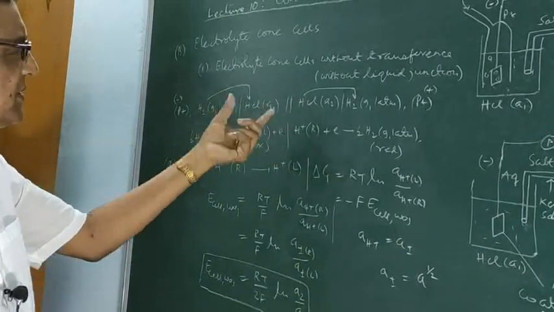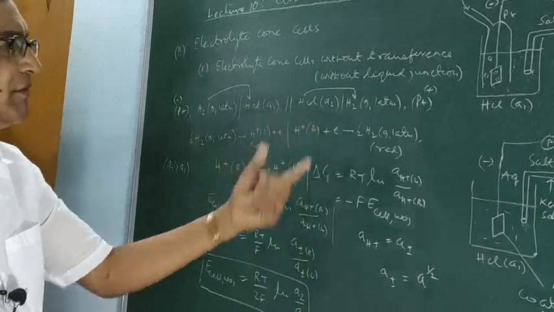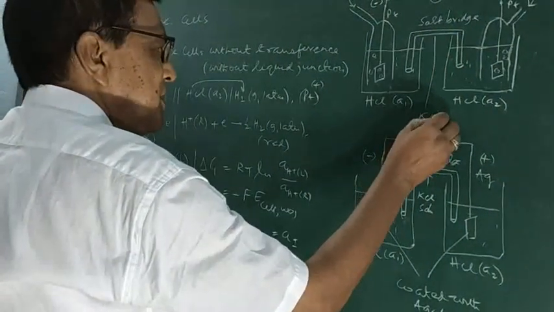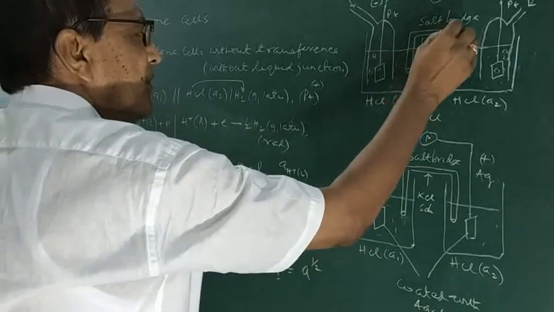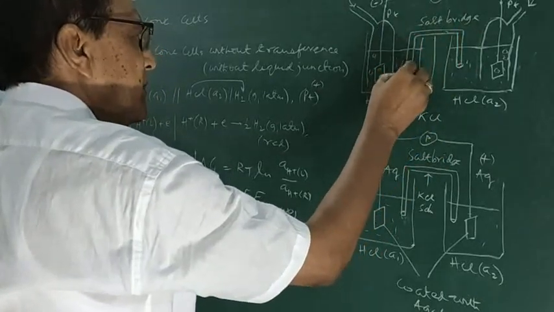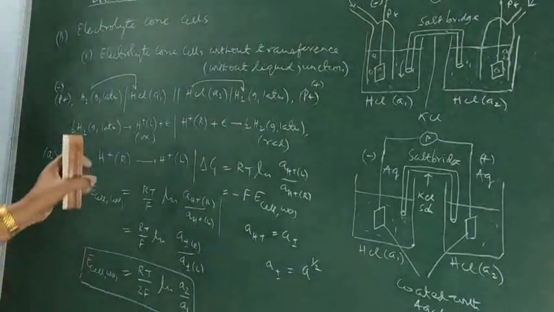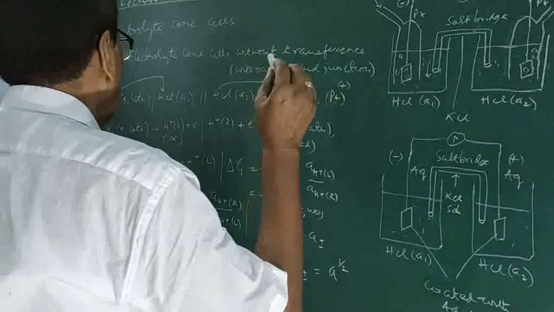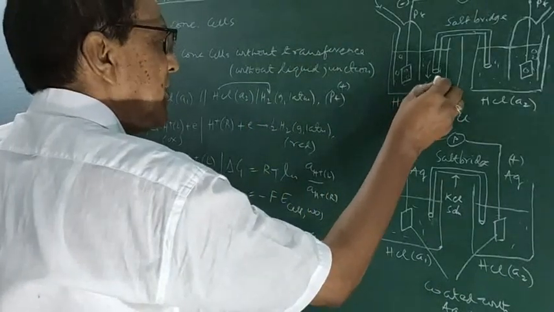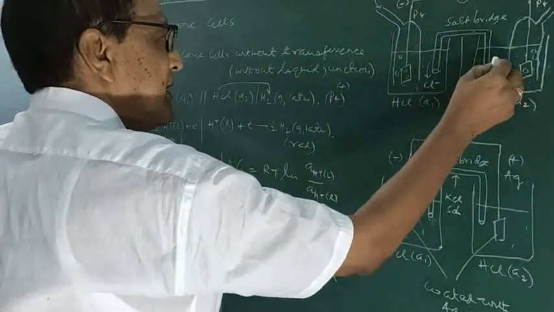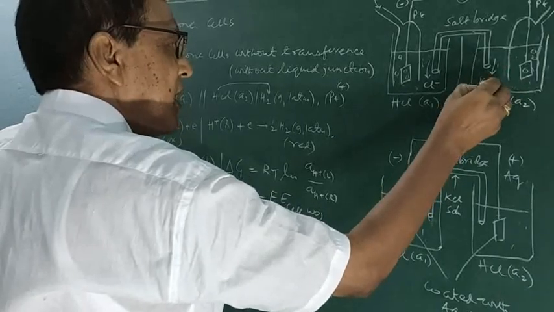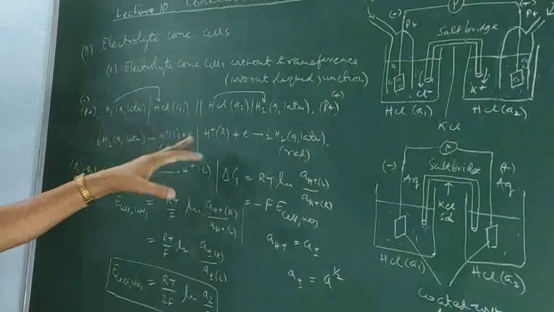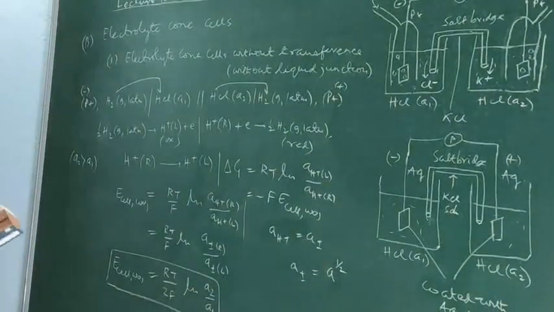To compensate for the electrical neutrality of these 2 half cells, the potassium chloride of the salt bridge helps. On the right hand side, where hydrogen ion is produced, the chloride ion is coming from the salt bridge, and on the other side the potassium ion is coming from the salt bridge, in order to make both sides electrically neutral.